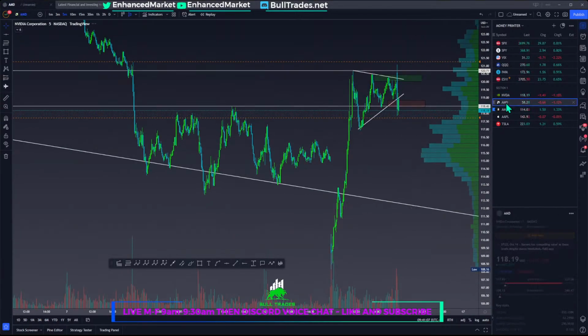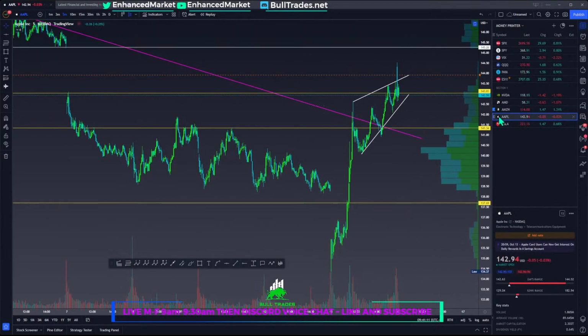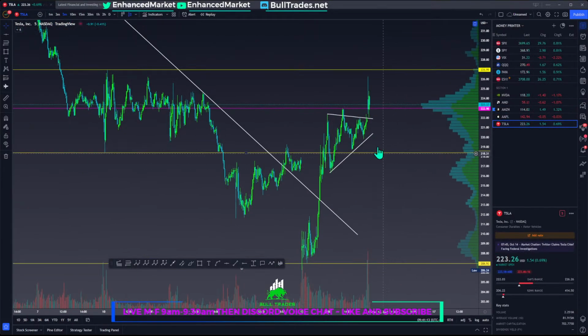All right, Nvidia's testing the bottom here. AMD's testing the bottom. Apple stuck within the range. Tesla still above.